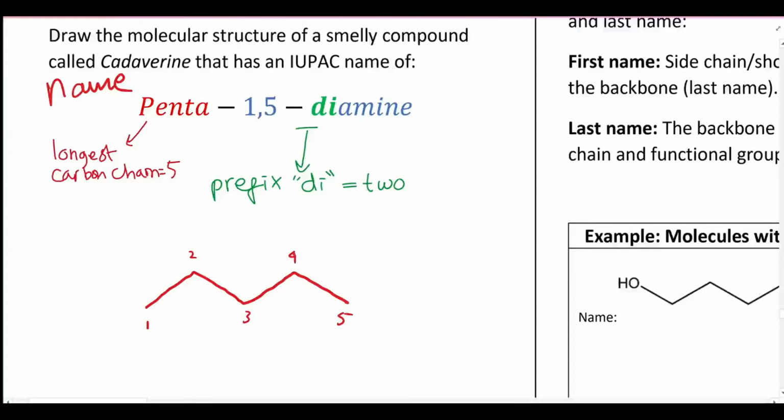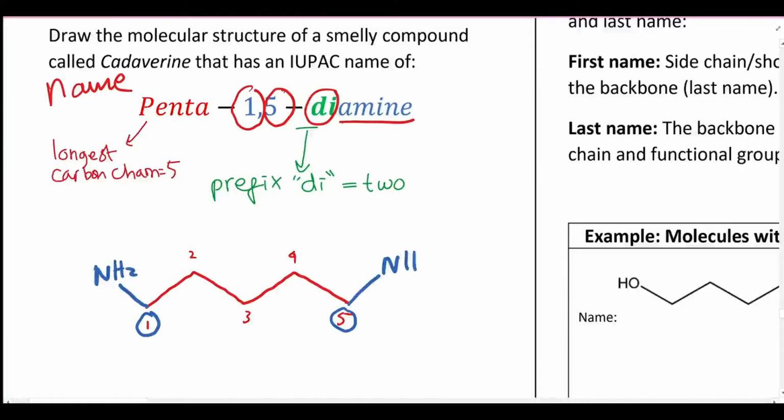So I have a 5 carbon chain. And in positions 1 and 5, I have 2 amine functional groups. I'm going to use a different color. In positions 1 and 5, I have amines. So NH2, NH2. There. See, it's pretty straightforward now.